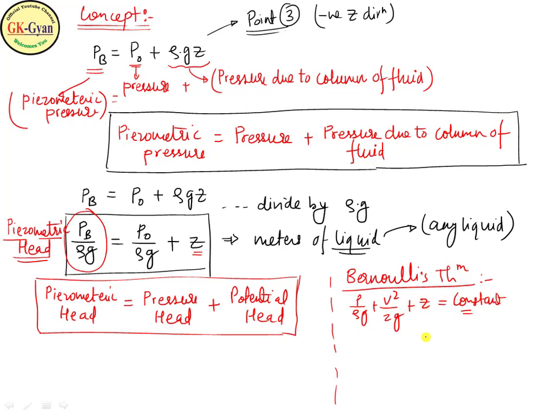It is called the total energy. Here P by rho G is called pressure head, V square by 2G is called kinetic head, and Z is called the datum head or potential head. Similarly, we write here piezometric head is equal to pressure head plus potential head. Okay. This is the terminology we have used.